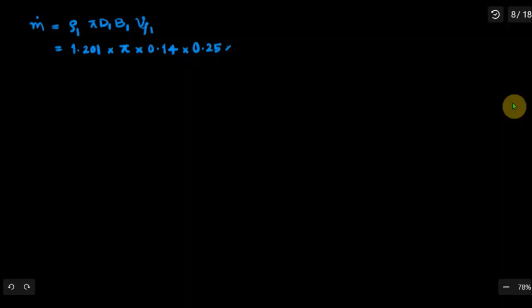Then into the velocity of flow, we found V1 is equal to Vf1, that is 3.027, the axial flow velocity at inlet. If you calculate, it's coming around 0.3998, so approximately 0.4 kilogram per second. So this is an answer.